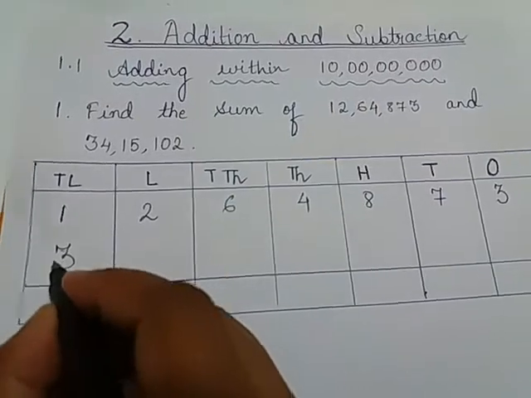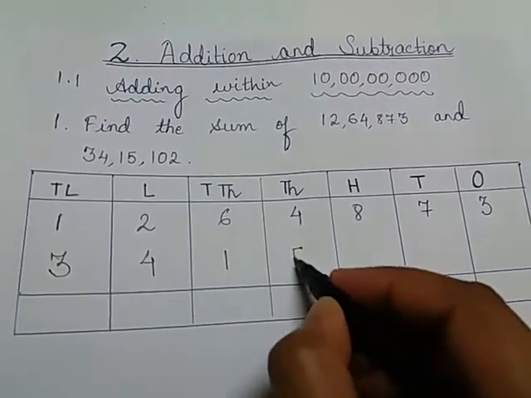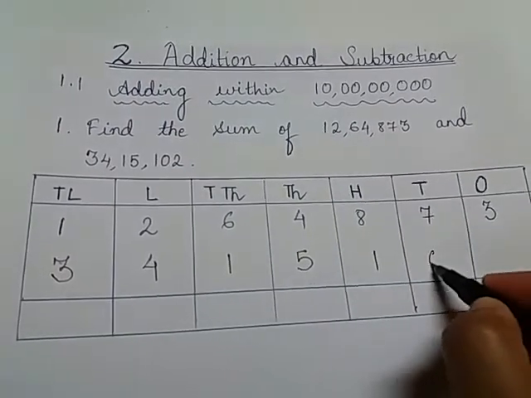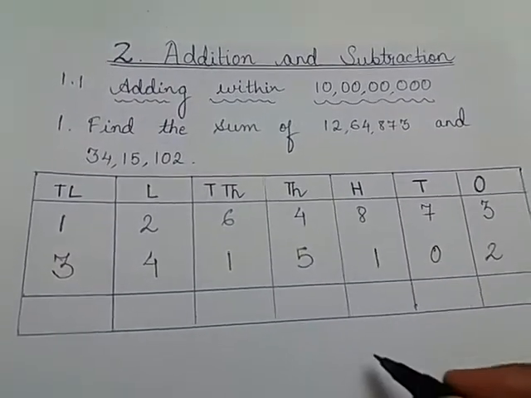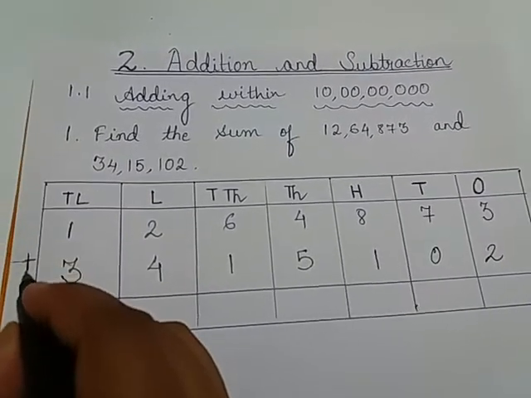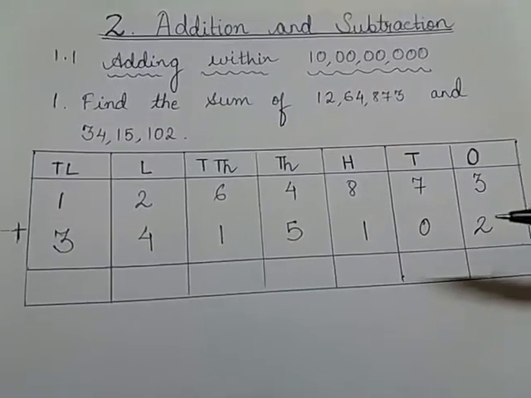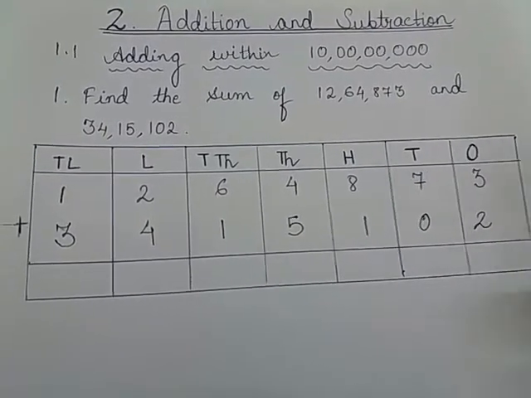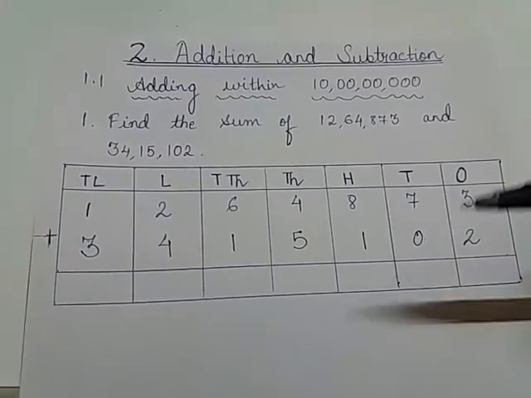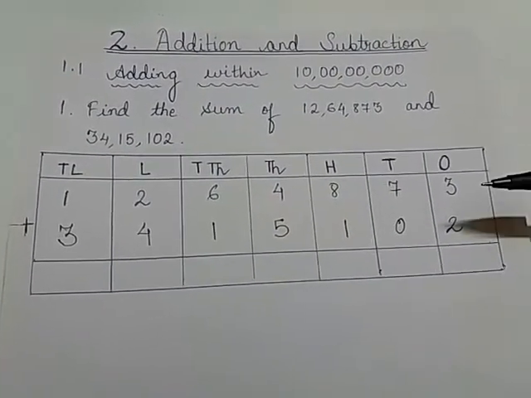So 3 will be here, 4 will be here, 15,102. Now we will put the addition sign over here because we want to add them. Now students, many of you might have already done these type of questions, but let's revise it.